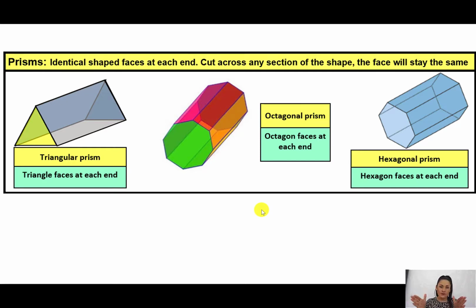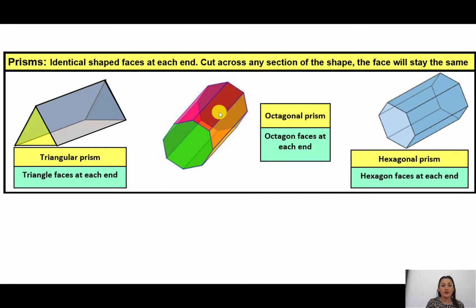Now for every side of your shape, so 3 sides in a triangle, 8 sides in an octagon, 6 sides in a hexagon, that side has a rectangle. Every side has a rectangle. Okay, it's the same in the triangular prism. They're all rectangles. If you've got an 8-sided shape like an octagon, it will have 8 rectangles that join.